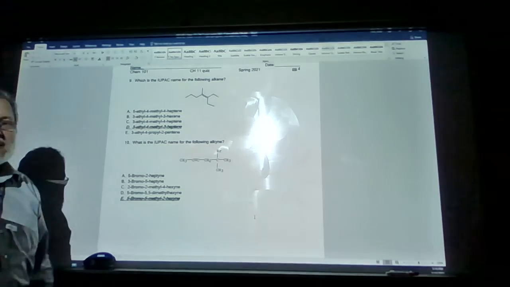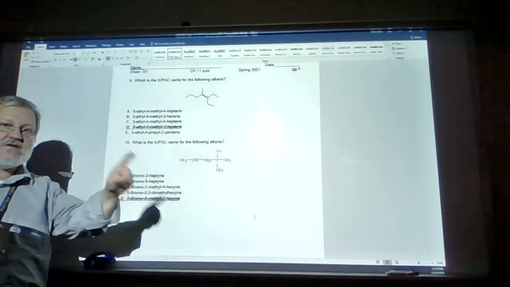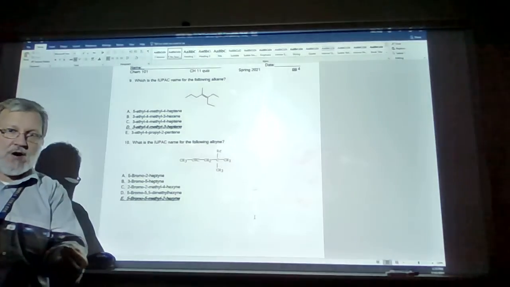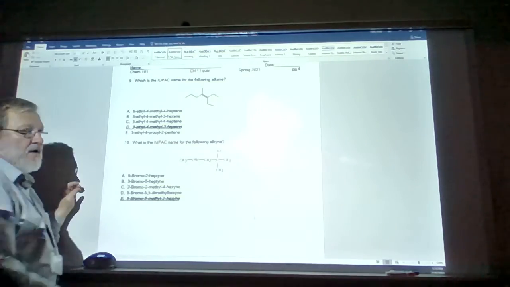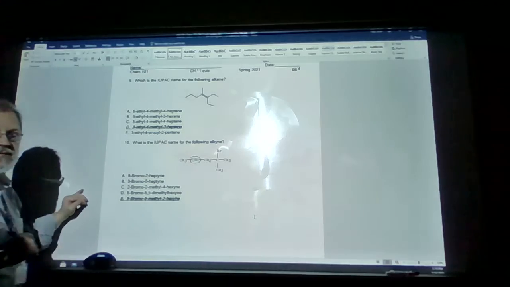Number 10, what's the IUPAC name for the following alkyne? Again, we have a multiple bond. Therefore, the carbon chain sequence numbering has to occur sequentially through both carbons of the triple bond. So both carbons of the triple bond are right there. Let me see if I can get that out of the glare. We'll move it down a bit.